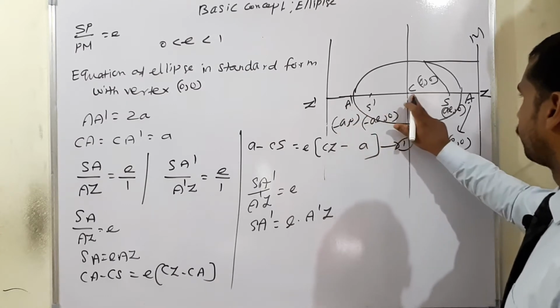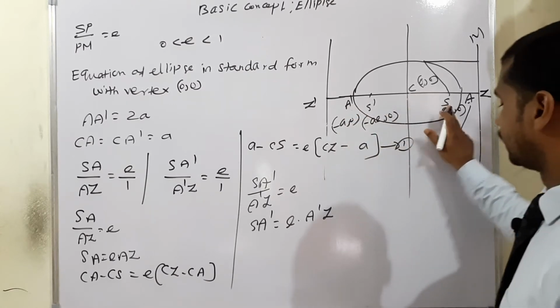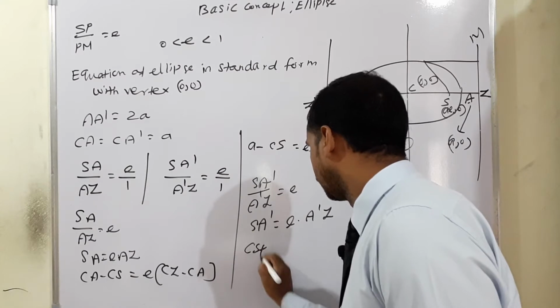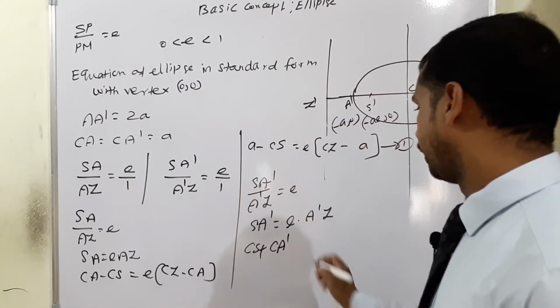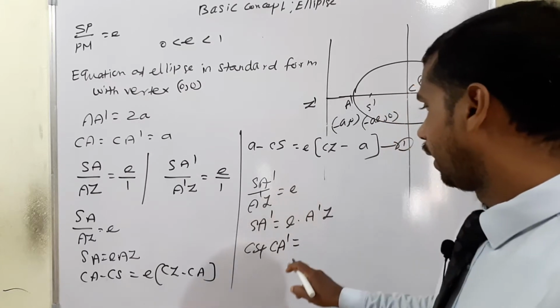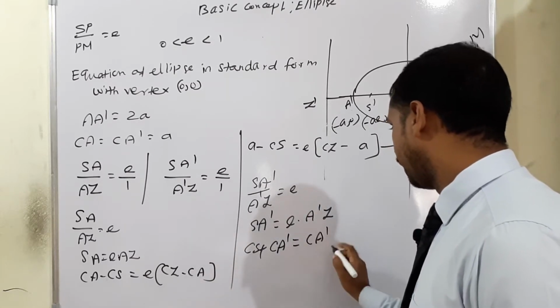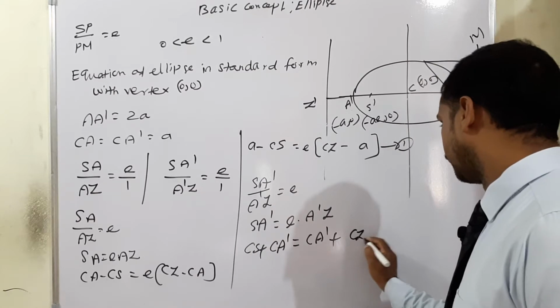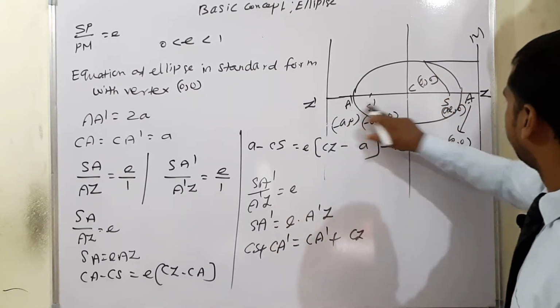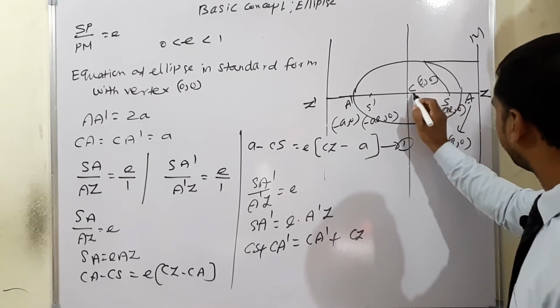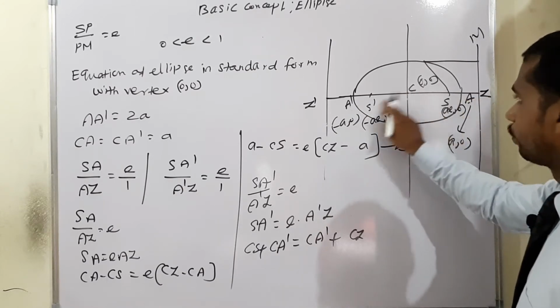S to A dash means from the center, CS plus CA dash, isn't it? So CS plus CA dash is equal to, outside actually, CA dash plus CZ dash. Because look there, this is A dash Z dash. This is the opposite side.